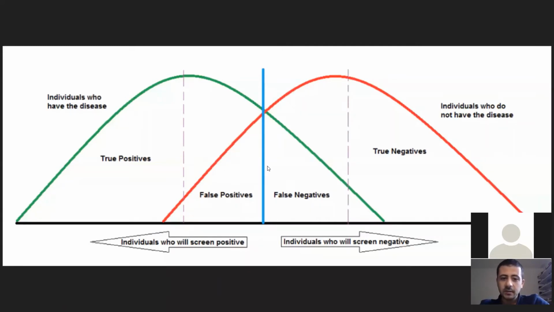When I'm taking the line here, I'm decreasing false positive. Remember false positives, those who are not diseased, but I don't want to give them chemotherapy. So when I'm reducing those, I'm increasing the specificity.